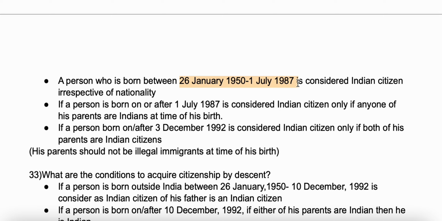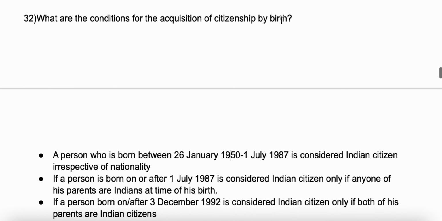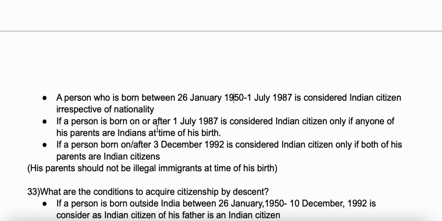Or else if both my parents are foreigners and I was born between these two dates, then also I will be considered an Indian citizen. So irrespective of their nationality, if I am born between these two dates, I will be considered under citizenship by birth.